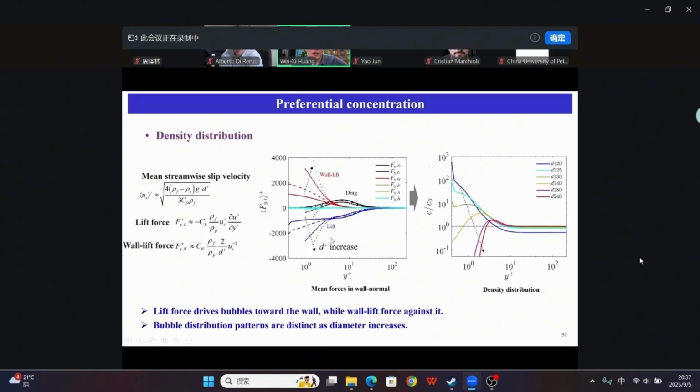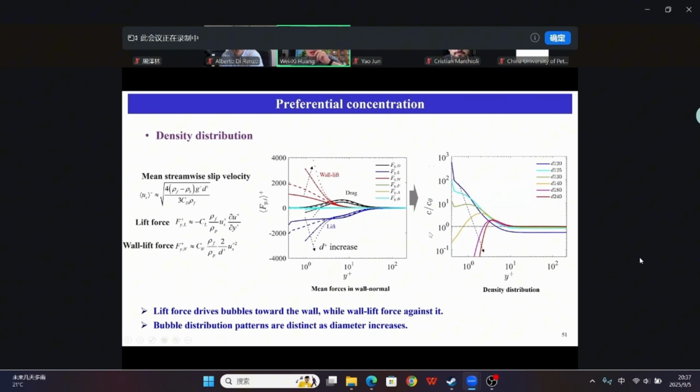And for the reason, this is the lift force and the wall lift force. We can see the lift force is negative near the wall, so it pushes the bubble toward the wall, and the wall lift force is positive. It will push the bubble away from the wall.